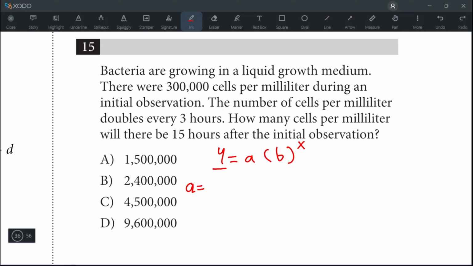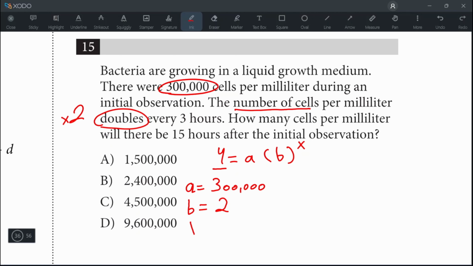The value of a is the initial value of bacteria, which is 300,000 in this case. And the value of b is the rate at which the initial value decreases or increases. And it told us that the number of cells doubles. That means it multiplies by 2 every 3 hours. So the value of b, or the rate, is equal to 2.